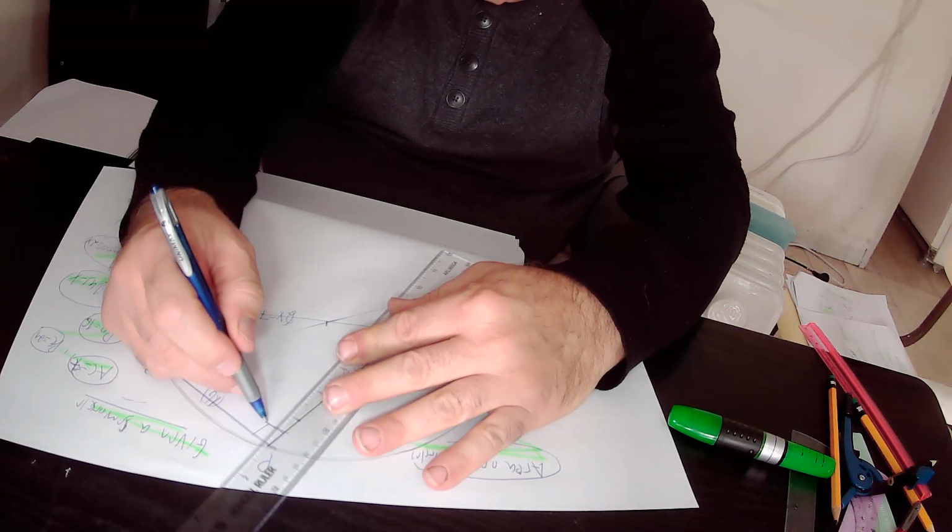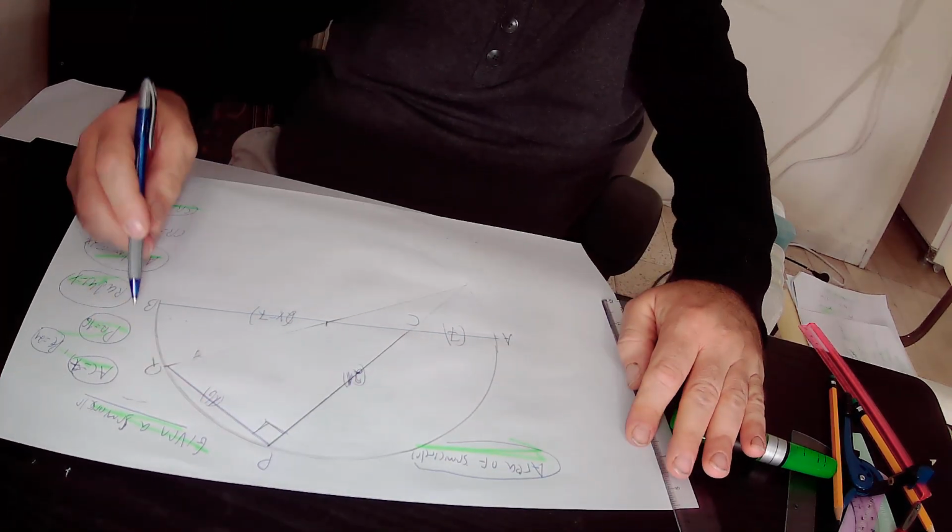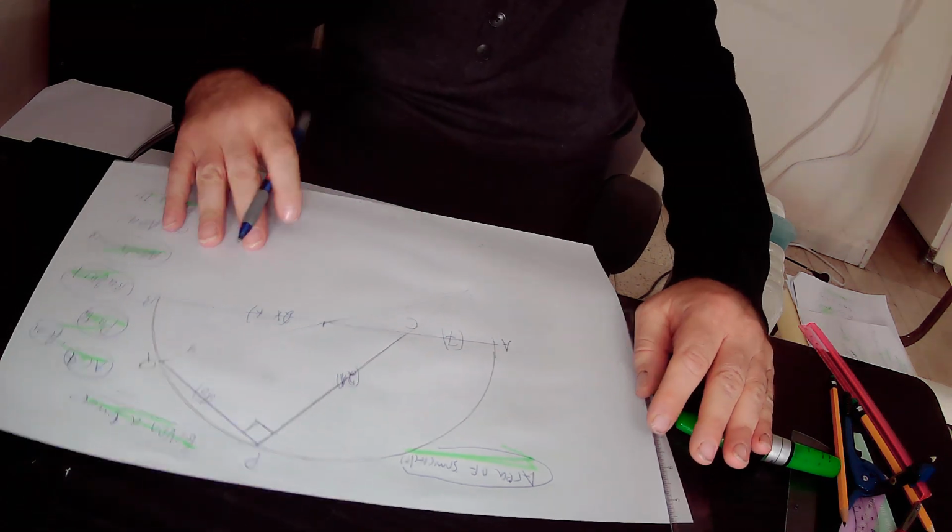In the next step, we'll complete this semicircle to a circle.